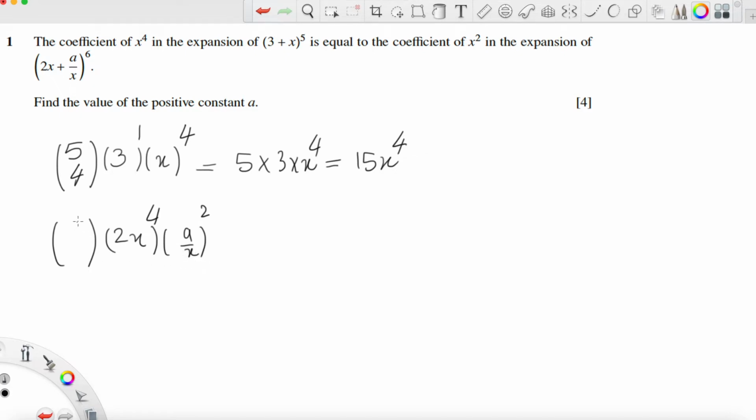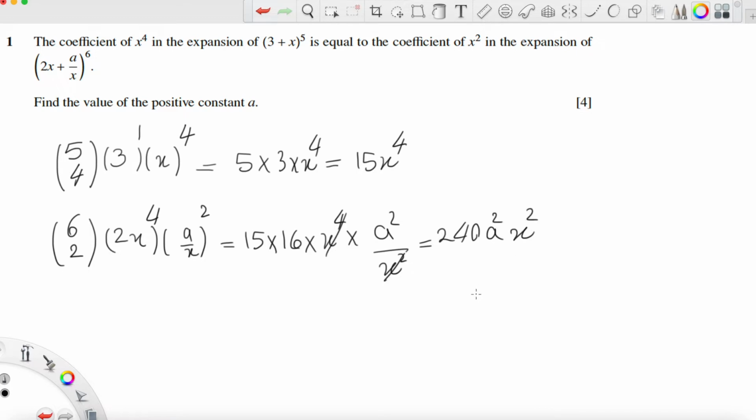Here you have 6C2, which is 15, multiplied by 2 to the power of 4, which is 16, times x to the power of 4, multiplied by a squared over x squared. This simplifies to 240a^2 x^2.